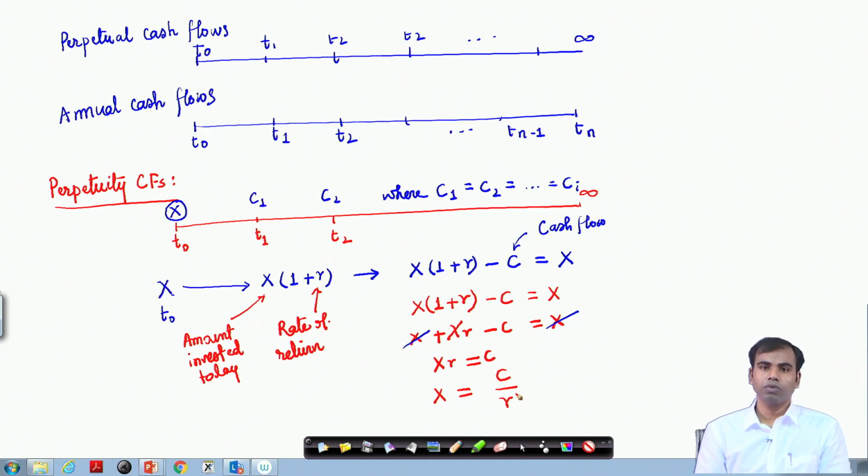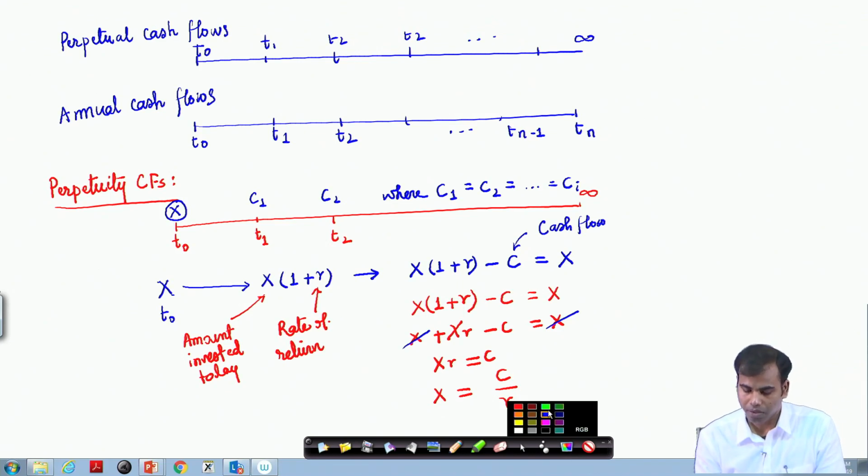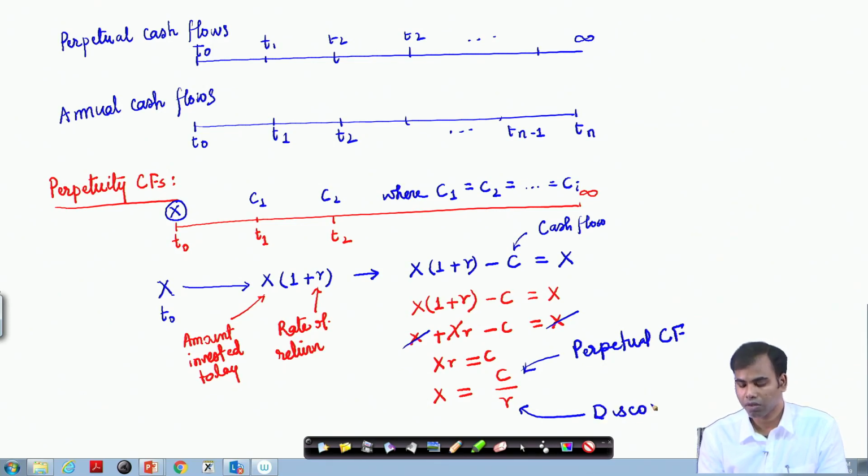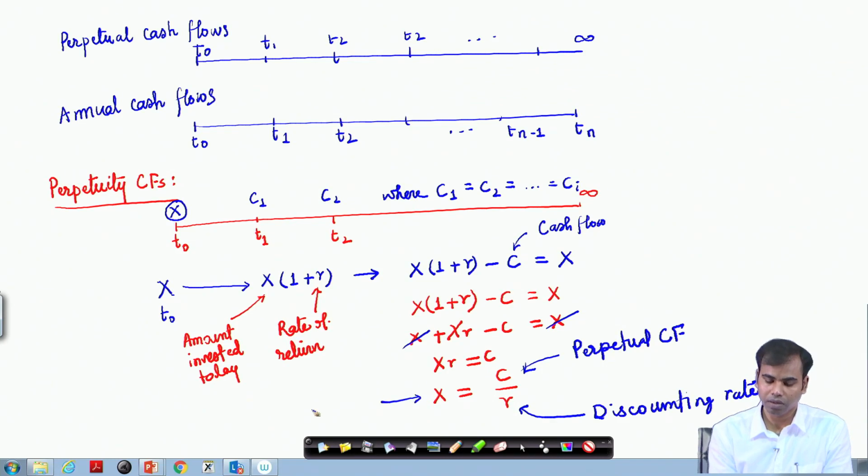So, this is a formula which will give you, given that this is the perpetual cash flow, given that this is the rate of return, let us call it discounting rate, and this is the initial investment.